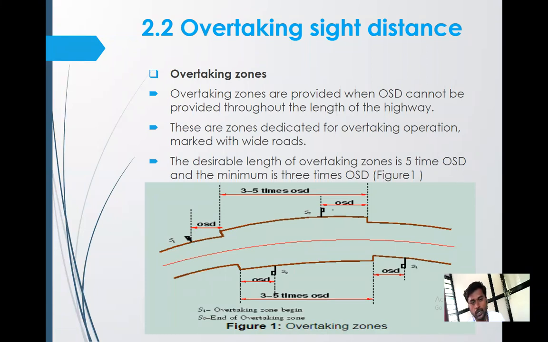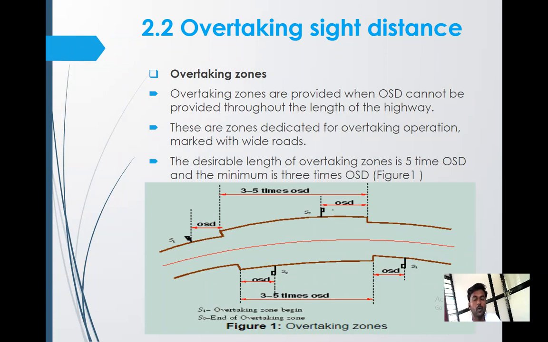And below that write down desirable length of overtaking zone is equal to 5 into OSD.